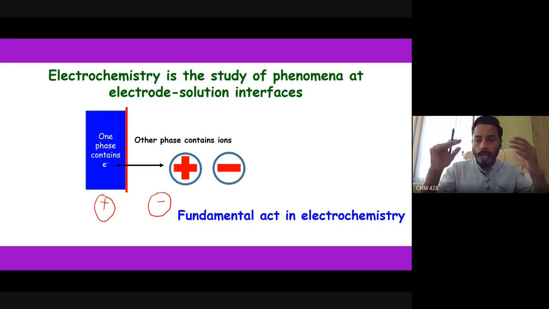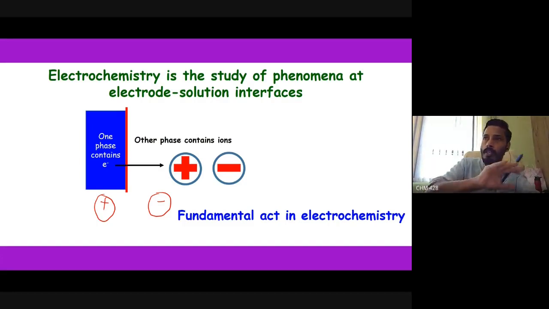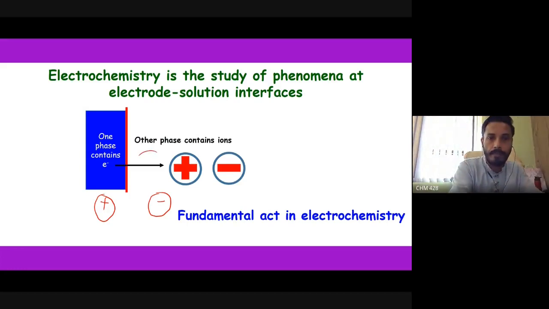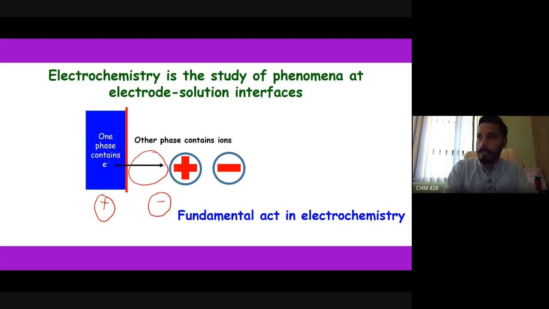It happens only at the electrode-electrolyte interface. It is not in the bulk of the electrolyte. It is happening only at their point of contact, only in this region. Therefore, electrochemistry is an interfacial phenomenon.